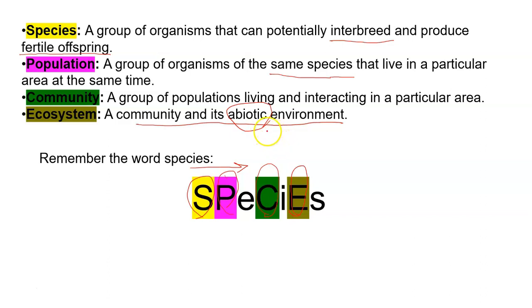The non-living factors are called abiotic. This abiotic environment could be soil, light, and all the non-living factors. When we put all of them together with a community, in which the community includes a lot of populations, that makes an ecosystem.